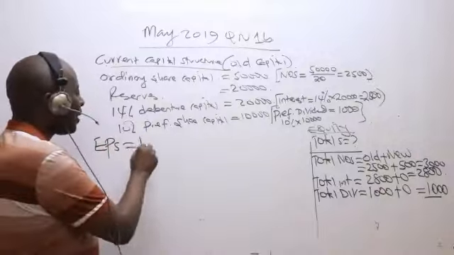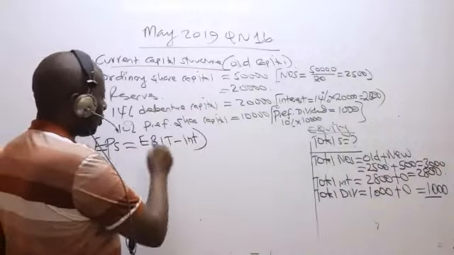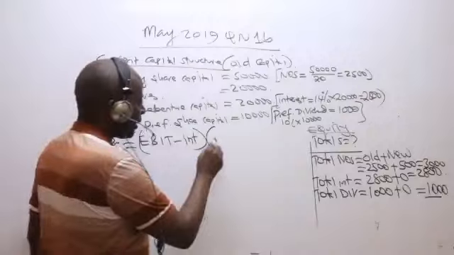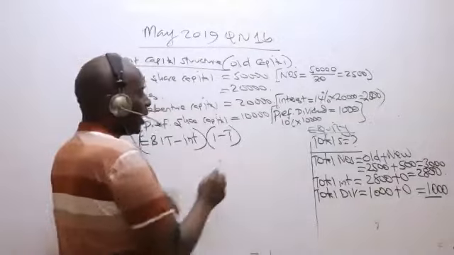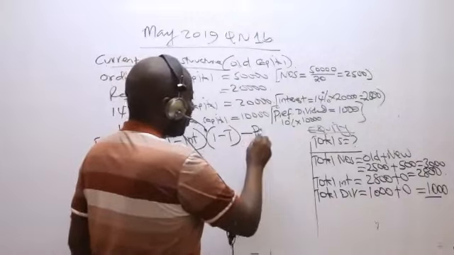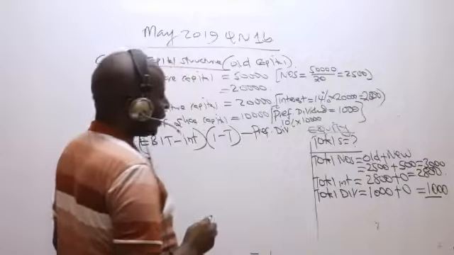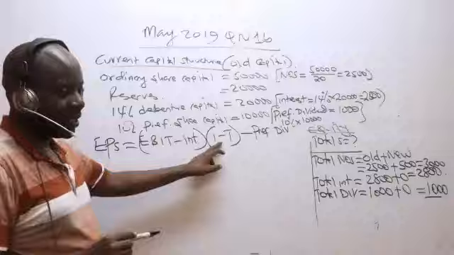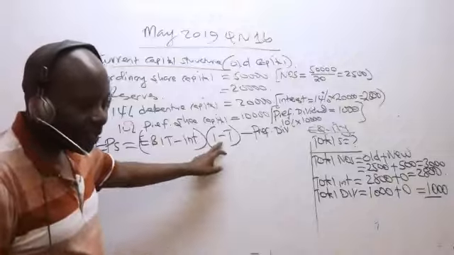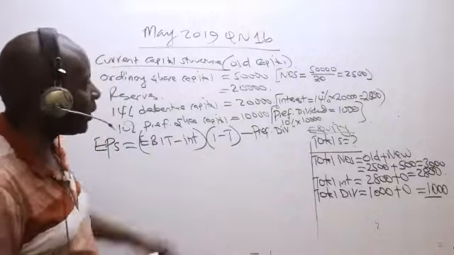To get EPS, we shall take EBIT minus interest, into what here, somebody? We must less tax there. And then we subtract what here, somebody? We subtract preference dividends. Remember, preference dividends can never be taken into the tax bracket.